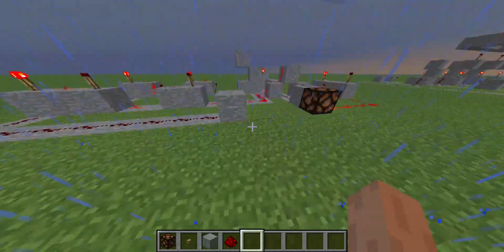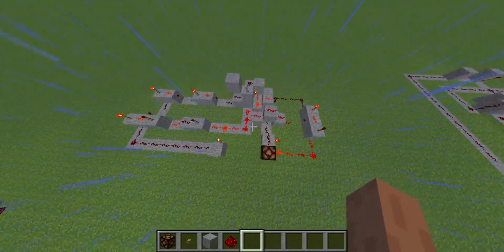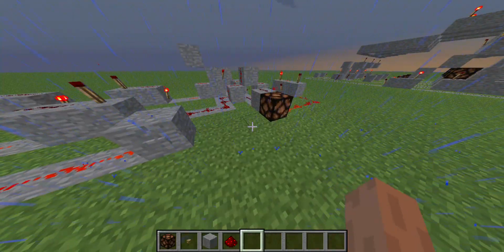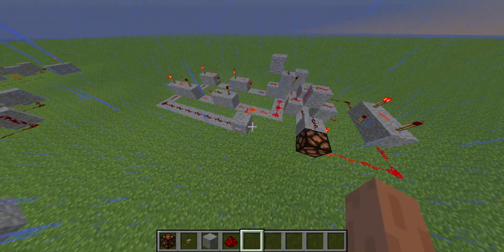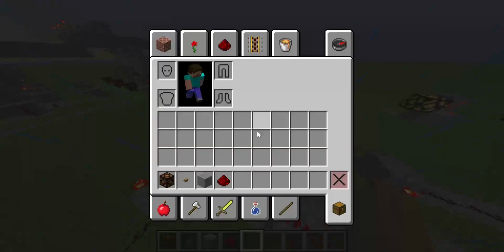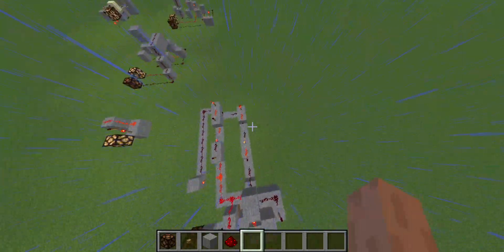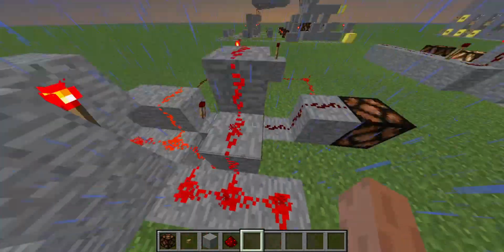Well, what if I build a complex circuit like this as a memory? Would it work? Well, no, it wouldn't. Because this is dumb, not only would you have 4 repeaters here, you also have this circuit going over here.